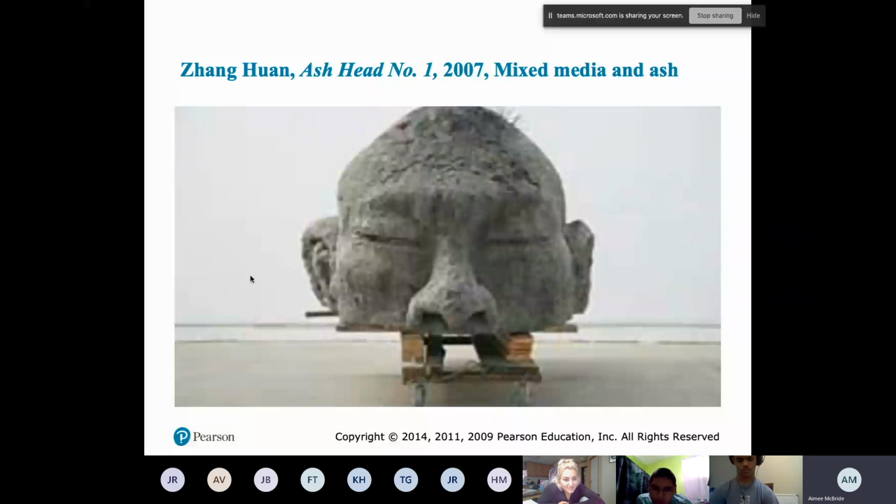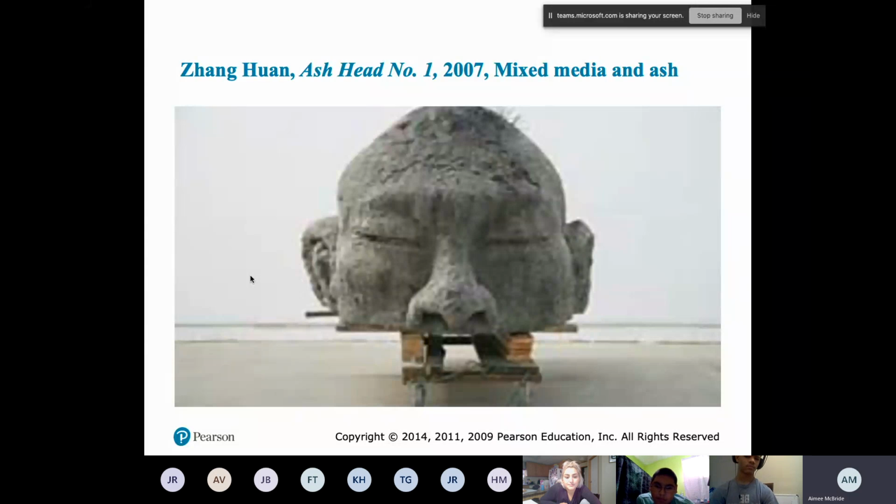So here's another example of Zhang Huan repurposing incense ash. This is just in a sculpture format. However, unlike the last one where they were stuck to the canvas and will live on forever on that canvas, in this sculpture they are not stuck together, and ash is basically dust, so it will blow away.